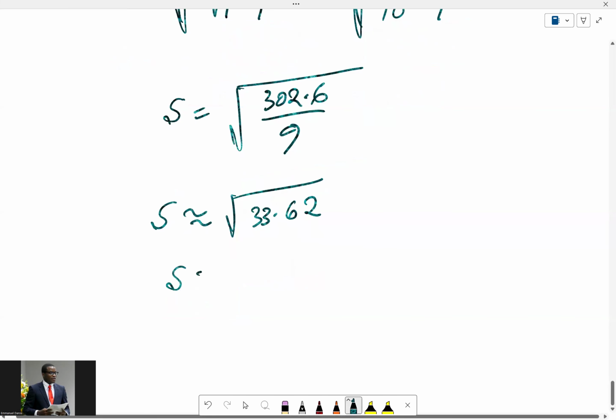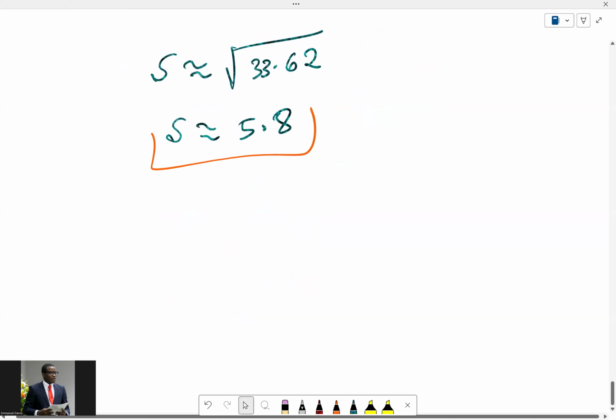So S now is approximately 5.8. That is our approximate value for the sample standard deviation.